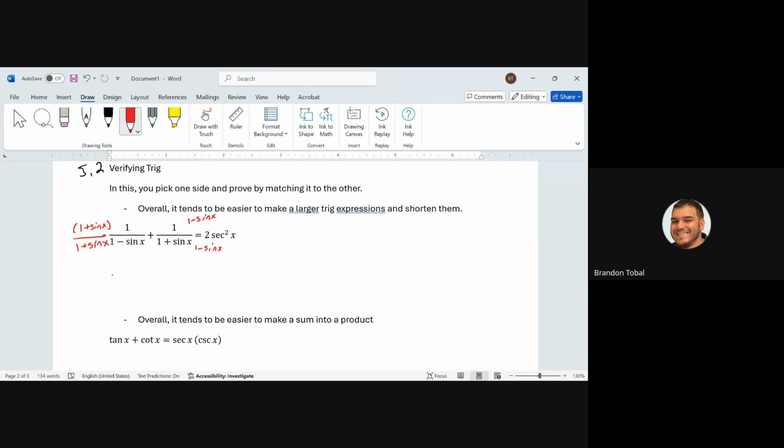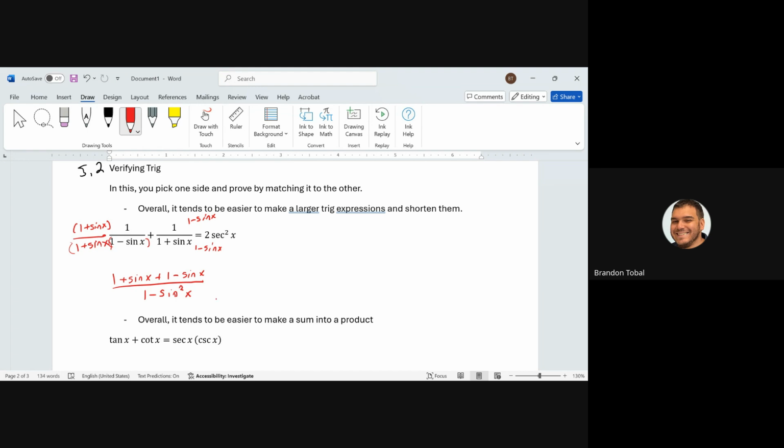So on the top, it's going to be 1 plus sine x plus 1 minus sine x over, remember, this is technically being multiplied. So you could FOIL this, but hopefully you see it's a difference of squares. So I'm going to rewrite it as 1 minus sine squared x.